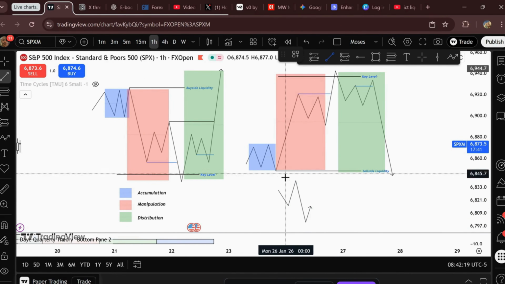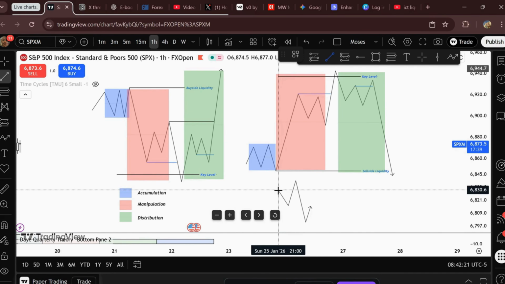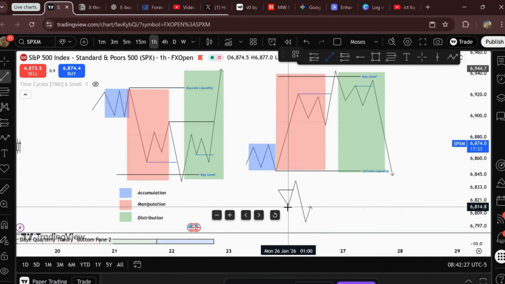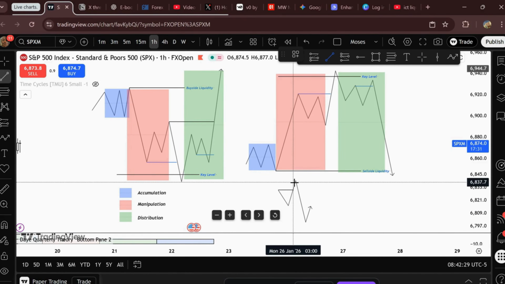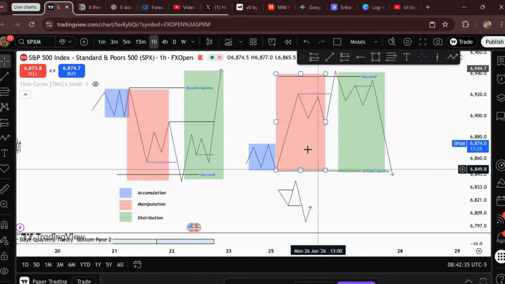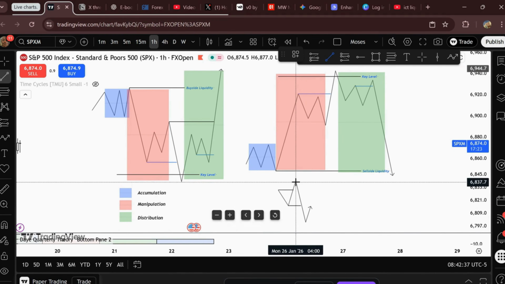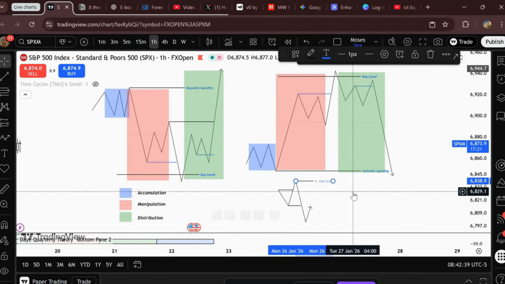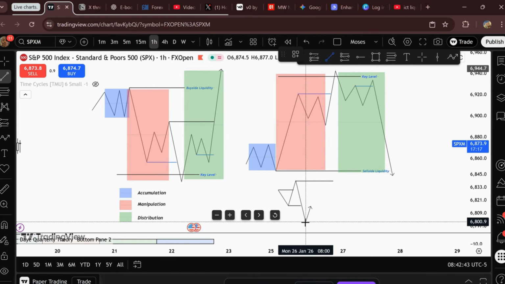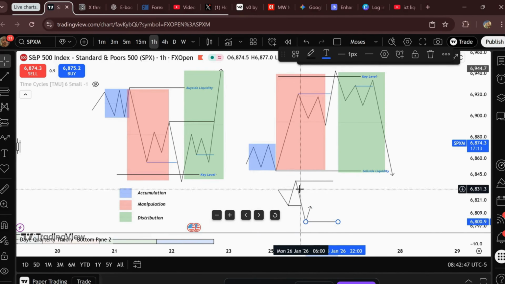When price sweeps a high here, in this case, and sweeps the low that created this high, the range between this high and this low, this new low created here, becomes the new range.